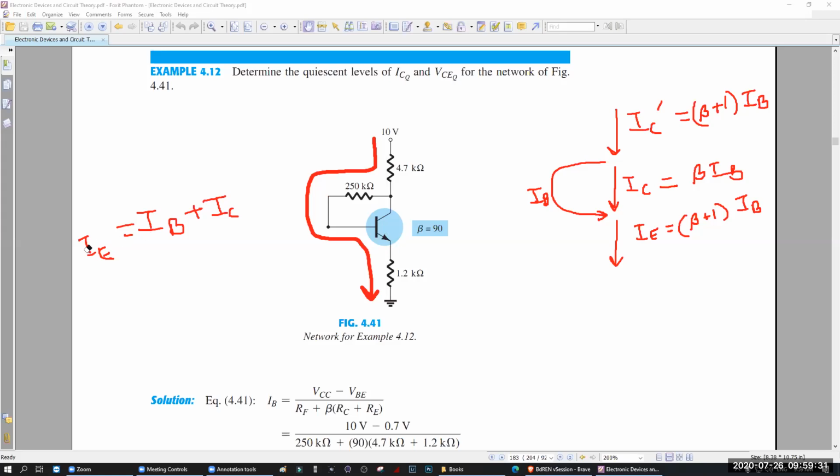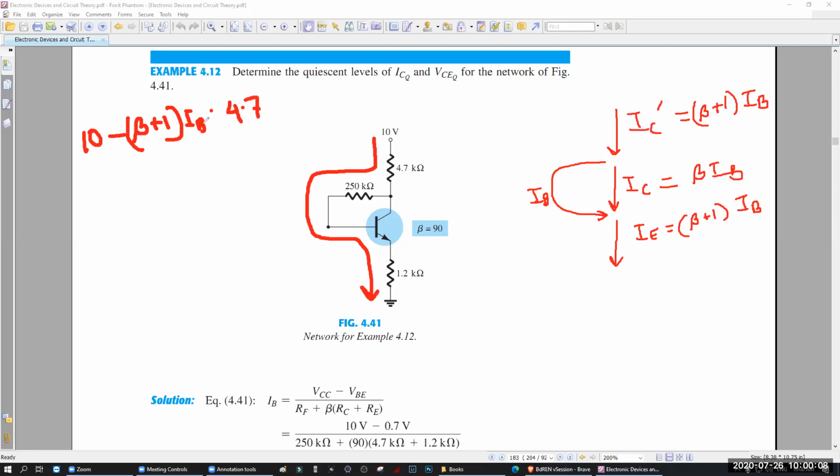Now apply the KVL. Here you have 10 volt minus the current and the resistance. What is the current? IE, right? Here the current is IE, but we are going to write beta plus 1 IB into 4.7.